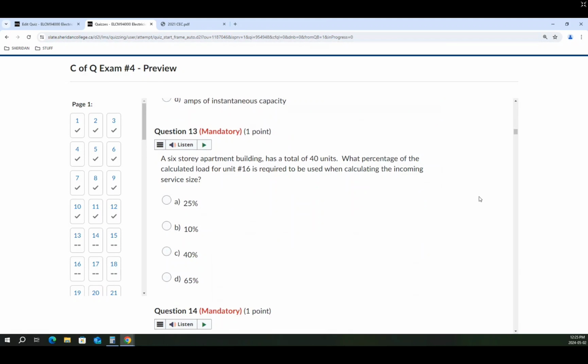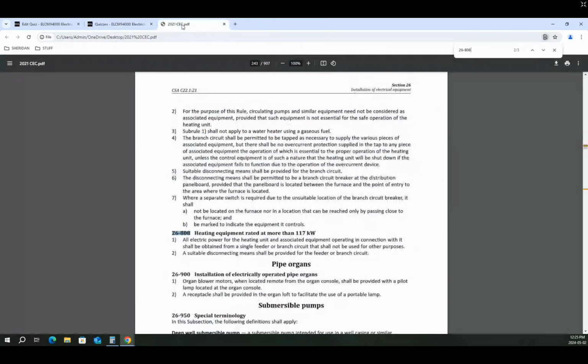A 6-story apartment building has a total of 40 units. What percentage of the calculated load for unit 16 is required to be used when calculating the incoming service size? So where am I going to get that? It's going to be section 8.